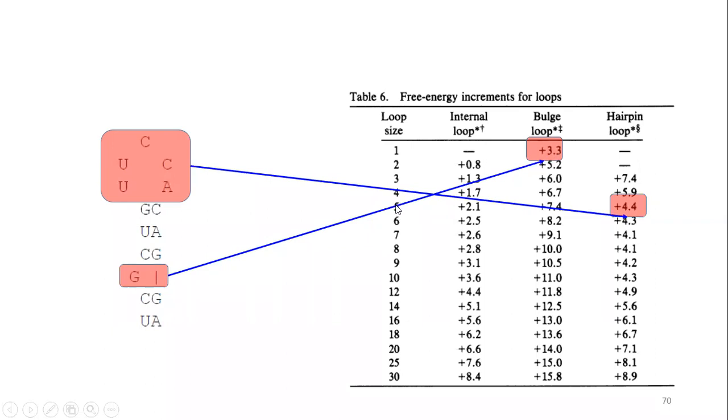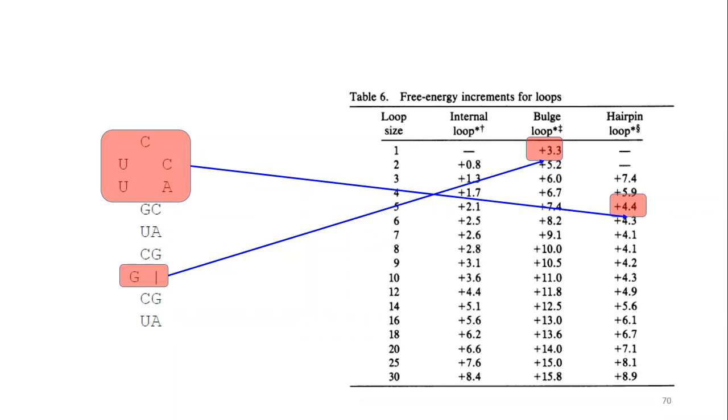And what is it? It is a hairpin loop. So if there is a hairpin loop of 5 exposed residues in your loop, then you would have to add plus 4.4 in the final score.